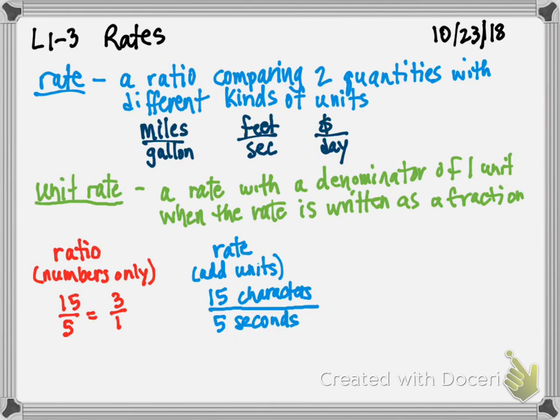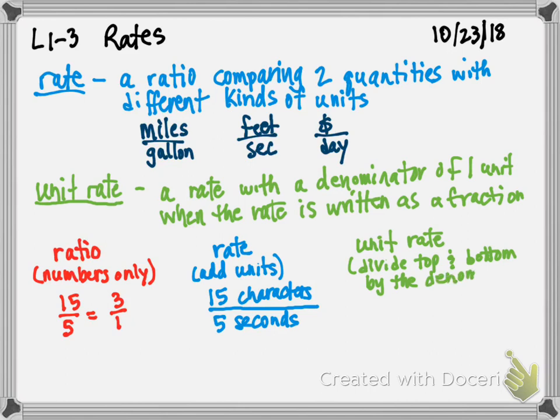So how do we go from the ratio to the rate to the unit rate? Well, I kind of jumped the gun on that, and I already showed you what the unit rate is. The key idea about a unit rate is you're going to divide top and bottom by the denominator.